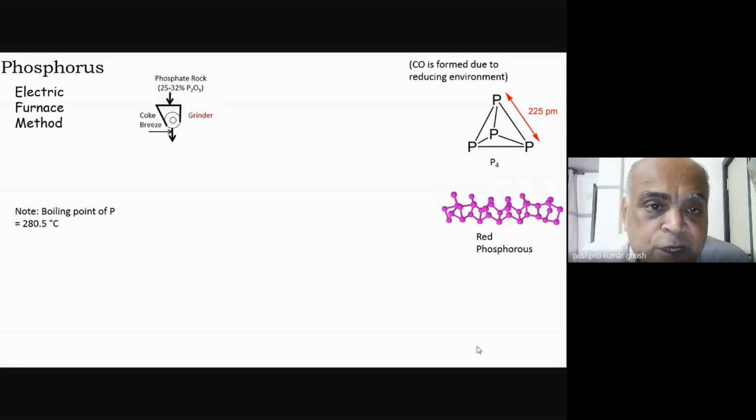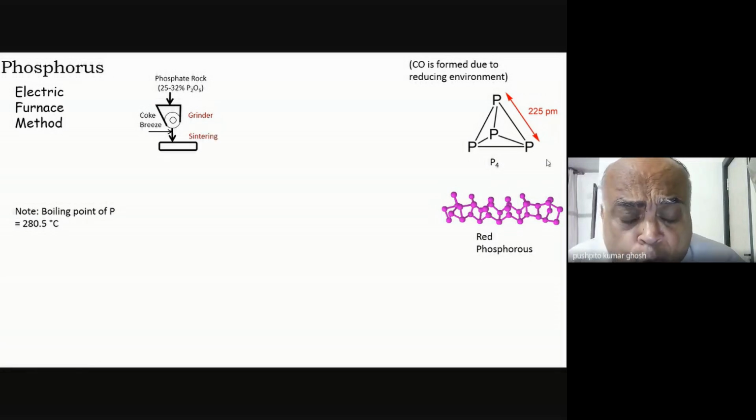And then you add coke, your reducing agent, because the coke and the phosphate have got to be intimately mixed, because it has to reduce the phosphorus. So you put them together and then sinter it, so that this compaction makes the carbon and the reducing environment available to the phosphorus.